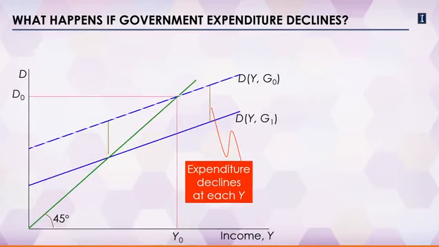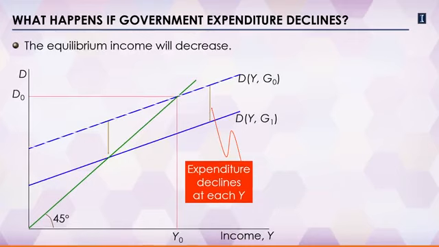And finally, the crossing point of the aggregate expenditure curve and the 45-degree line moves down from y0, d0 to y1, d1. The equilibrium, we say, moves from d0, y0 to d1, y1.